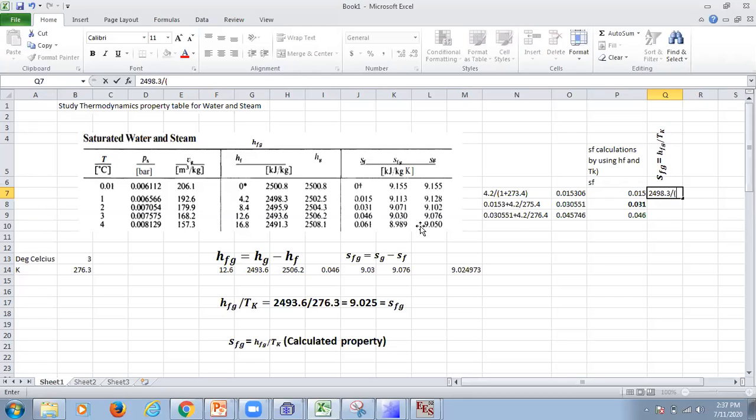At 1 degree, the corresponding Kelvin is 1 plus 273.4. So this is the SFG value. This is the HFG value. So if I put equal sign here, you will get this.